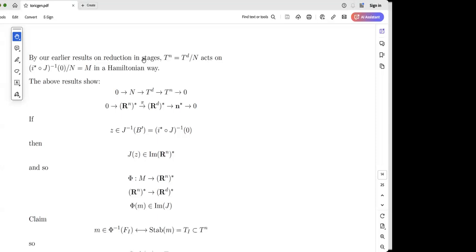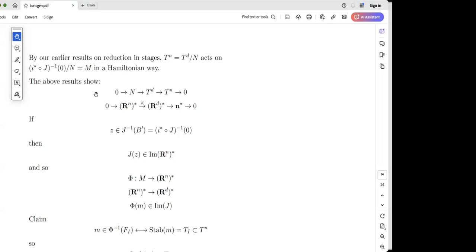Okay, by reduction in stages, which more or less means the standard result in symplectic geometry, if you reduce by a subgroup, then the reduced space has an action of the quotient group on it. So this means T to the n, which is T to the d quotiented by N, acts on I star composed with J inverse of 0 quotiented by N in a Hamiltonian way.